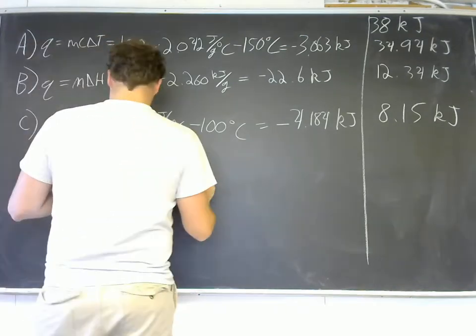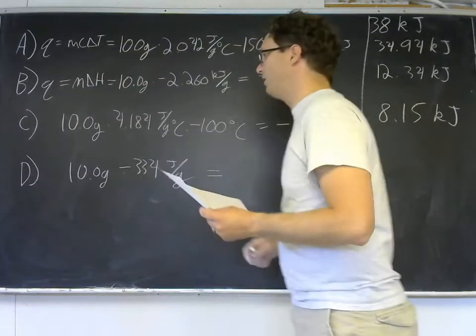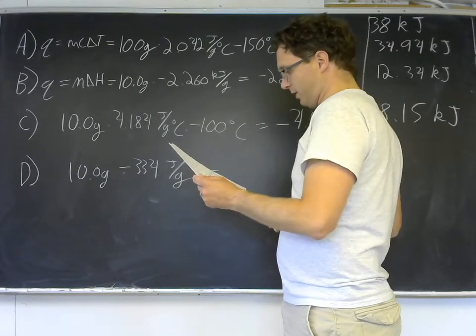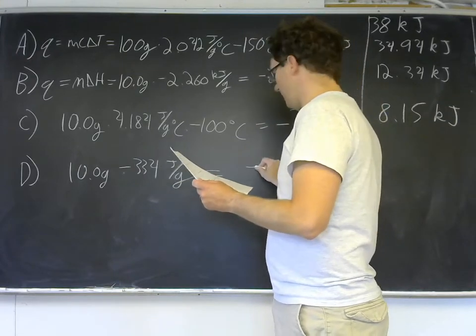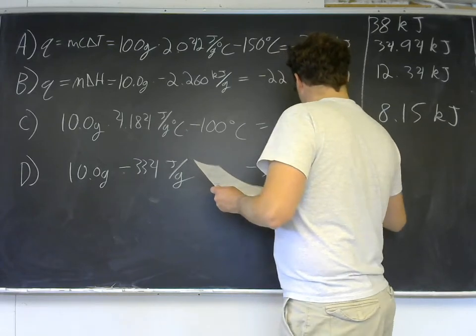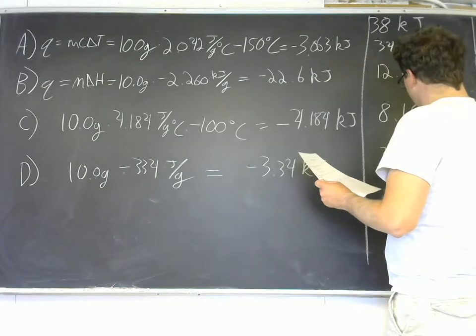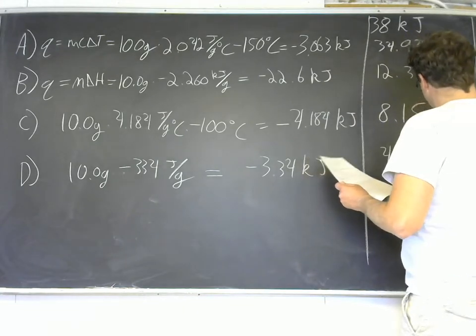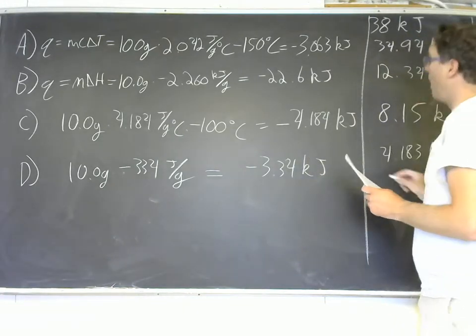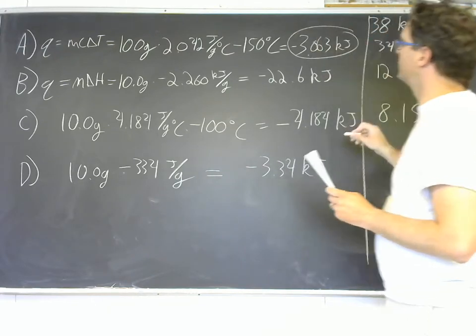And so the total energy change for the system during step D is a negative 3.34 kilojoules. That leaves us with 4.183 kilojoules.